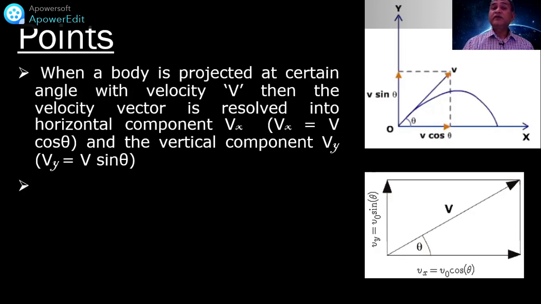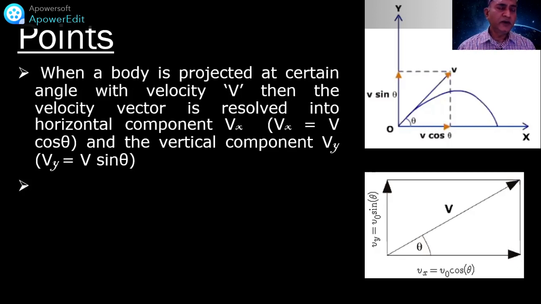Since this body will move in two different directions, that is why the velocity vector, recall your previous memory, can be resolved into its components. So here the velocity vector would be resolved into two components, one along the x-axis, the horizontal component, and the other one is the vertical component along the y-axis.